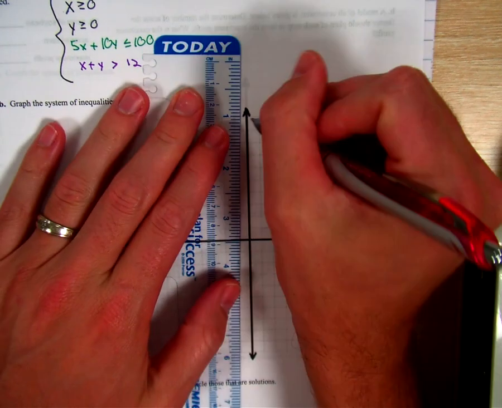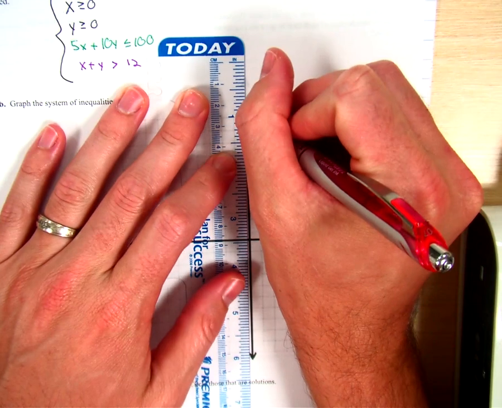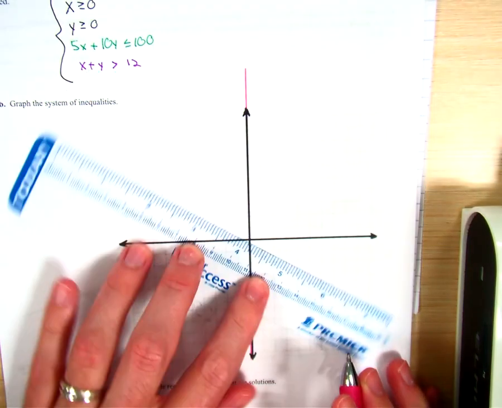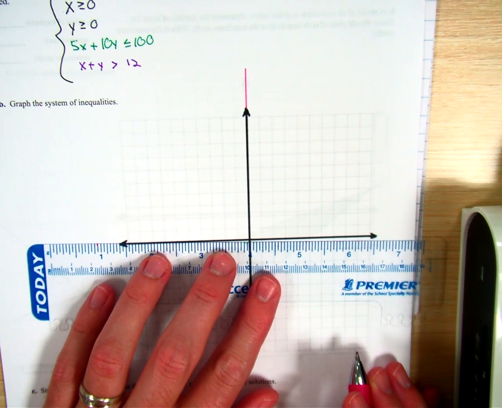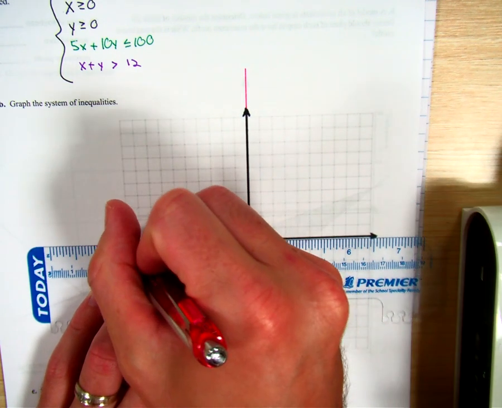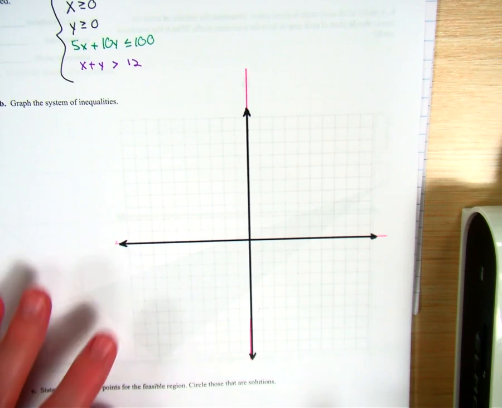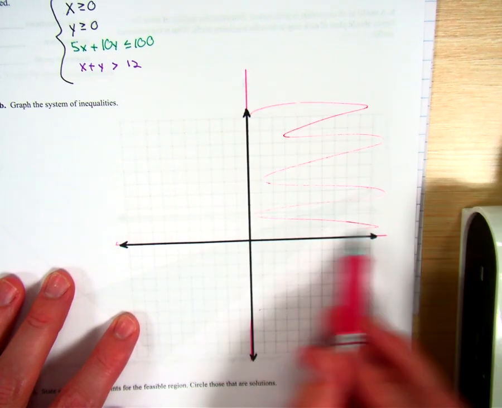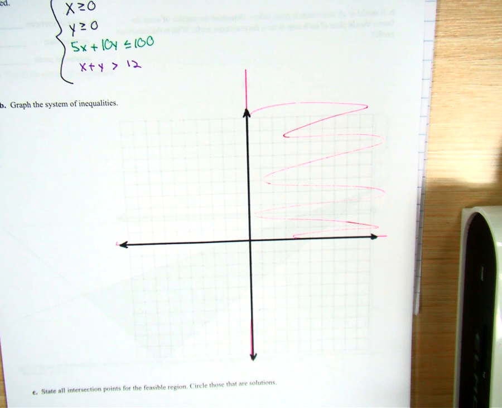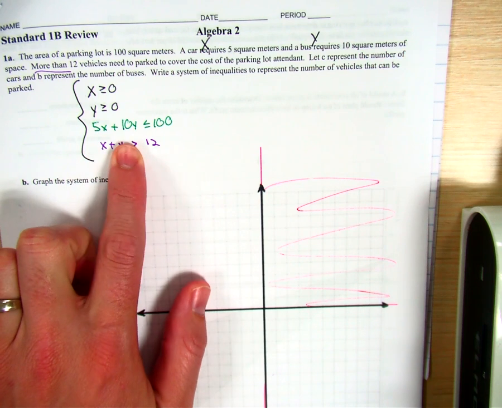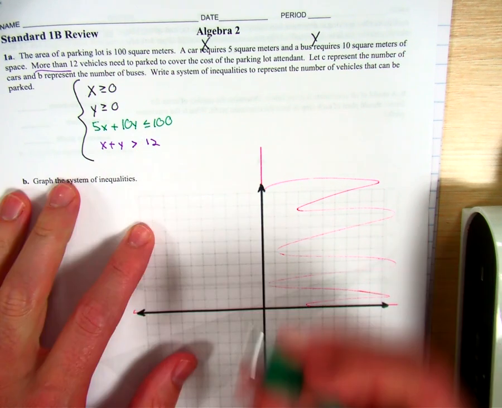So x is greater than or equal to 0, which is going to be on the y line. And we'll have y is greater than or equal to 0, which means that is the x line. Okay? And right now we are in quadrant 1. Next we have probably the toughest line to work with, 5x plus 10y less than or equal to 100.